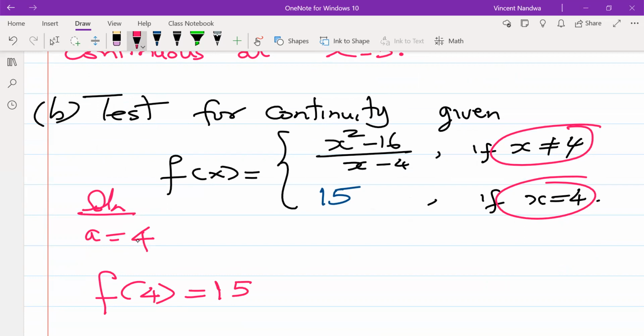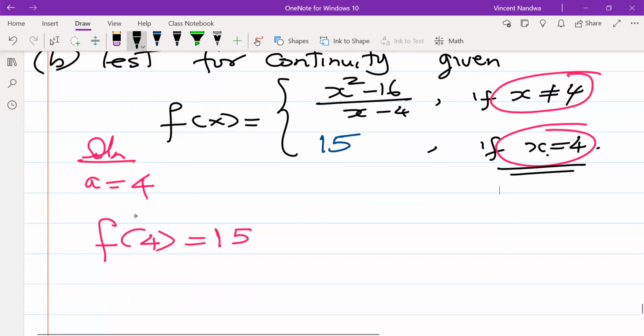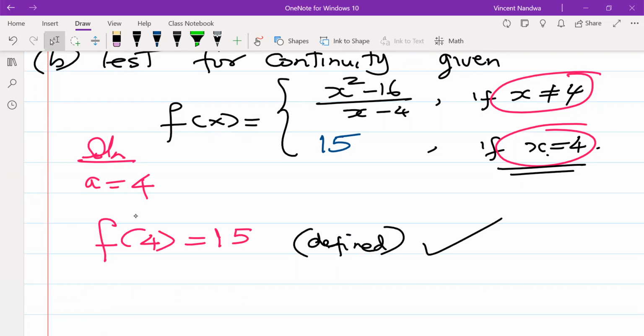Are you able to see that? The condition is clearly stating that f of x equals 15 if x is exactly equal to 4. So when x is 4, you use the lower formula. So this is well defined, and the first condition is okay.